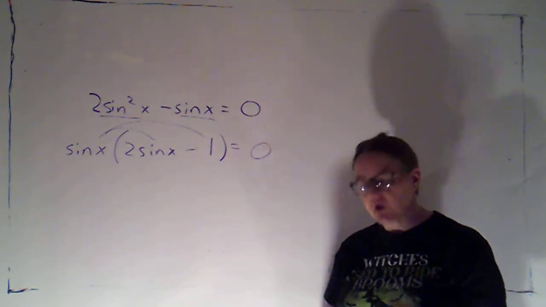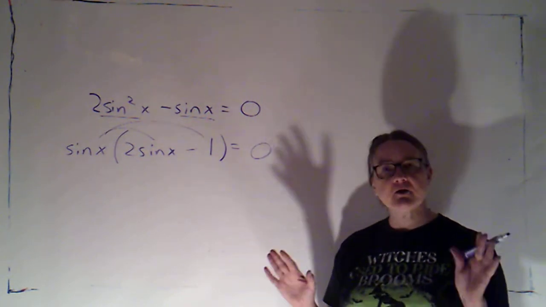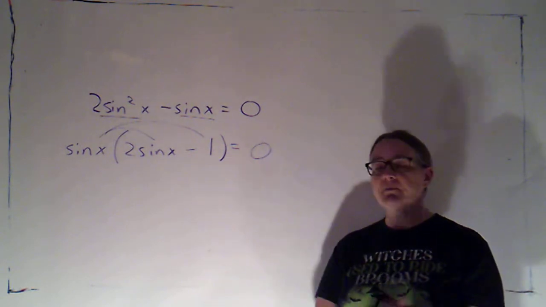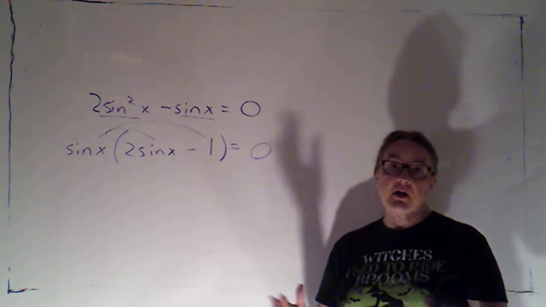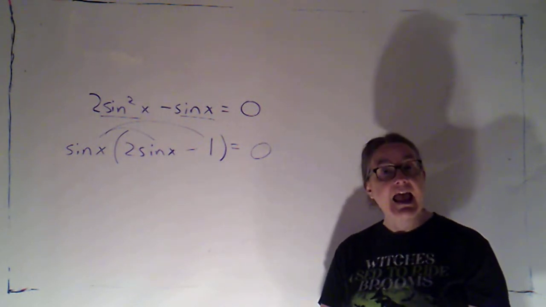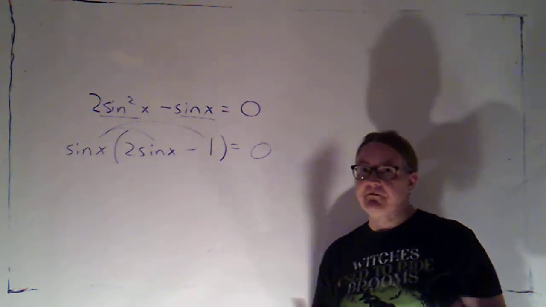If two things multiply to give me 0, one of them is 0. That is not true of any other number. If two things multiply to give me 5, they could be 1 and 5, so one of those things could be 5, but it could be 10 and a half. It could be -2 and -5 halves.